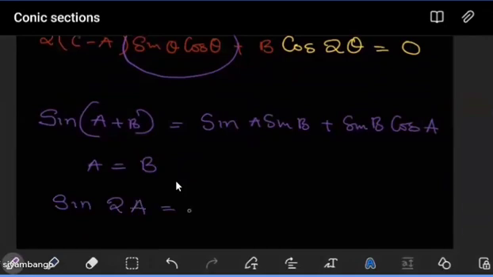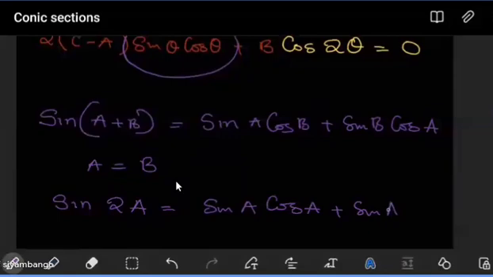This reduces to sine A cos A plus sine A cos A as well.